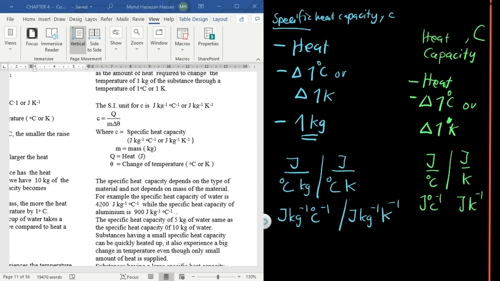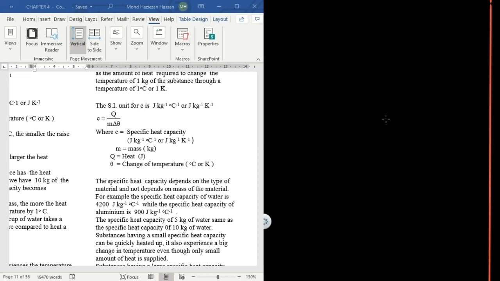For example, for water, the specific heat capacity, small c, for water is equal to 4200 joule per kilogram per degree Celsius, J kg⁻¹ °C⁻¹.